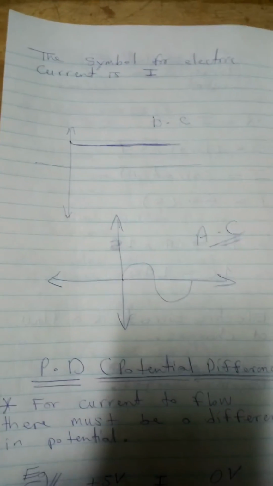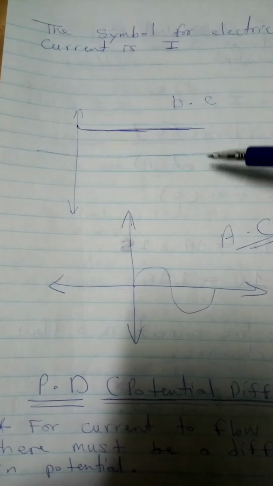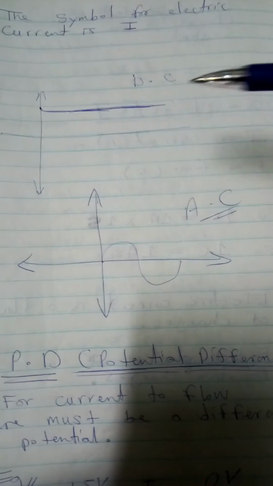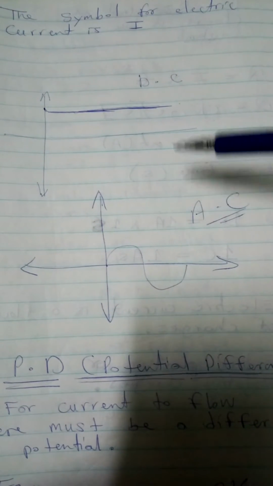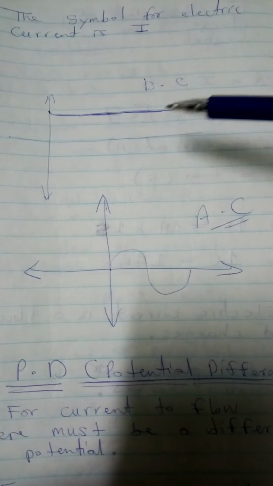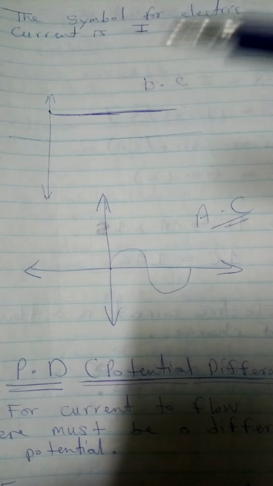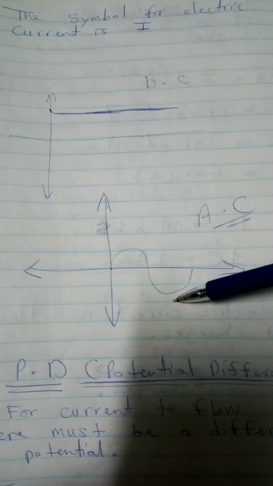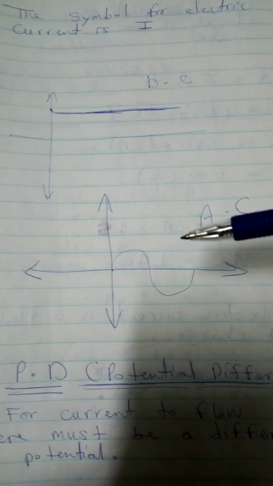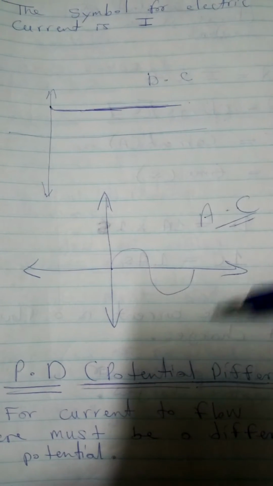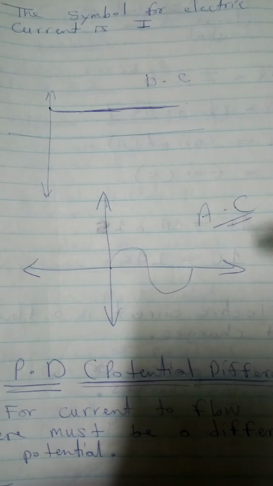So the symbol for electric current is I. There are two types of current that we'll interface with at this level, DC current and AC current. DC current comes from batteries and cells and the DC generator. AC current mainly comes from an AC generator, and this is normally the current that JPS supplies.